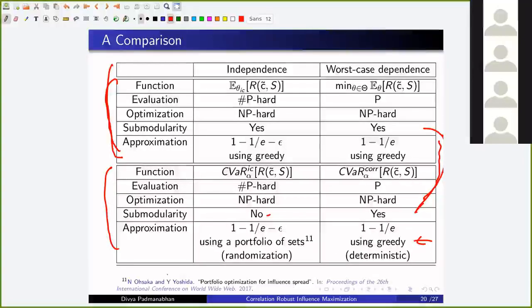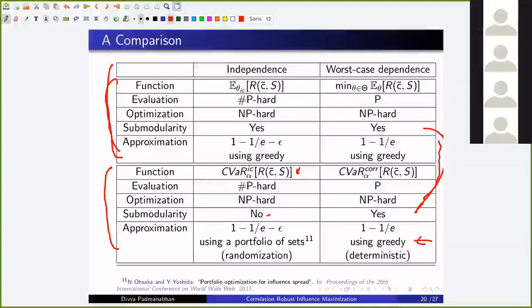Now, this work by Osaka and Yoshida also looks at the independent cascade model under the CBAR objective, and they are able to propose an approximation to get the best seed set. The only difference is that it's not a deterministic seed set; they need to do some kind of randomization to get a portfolio of sets.